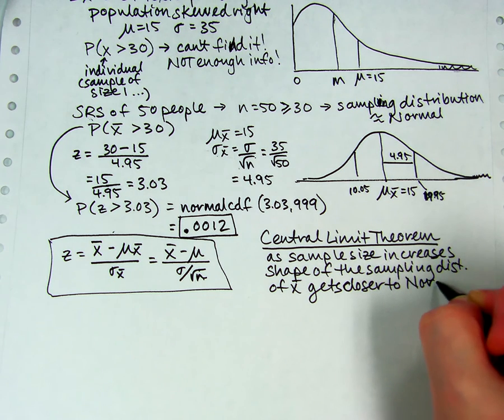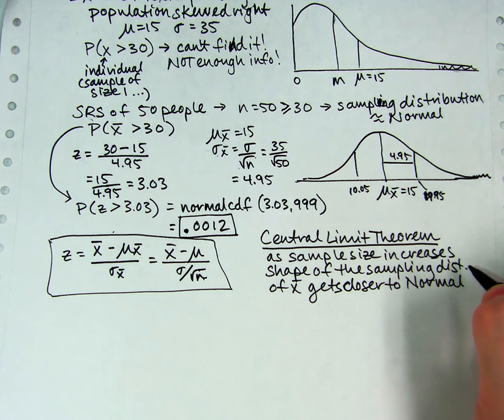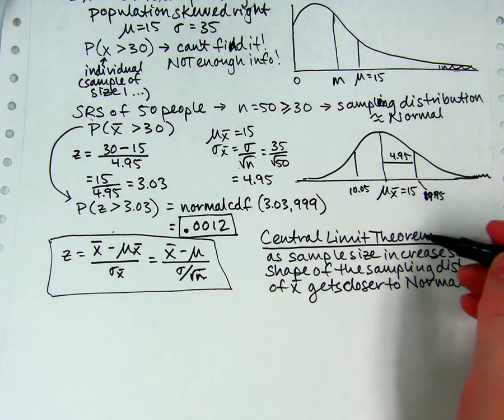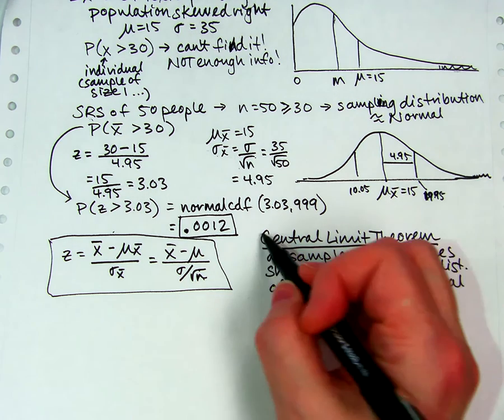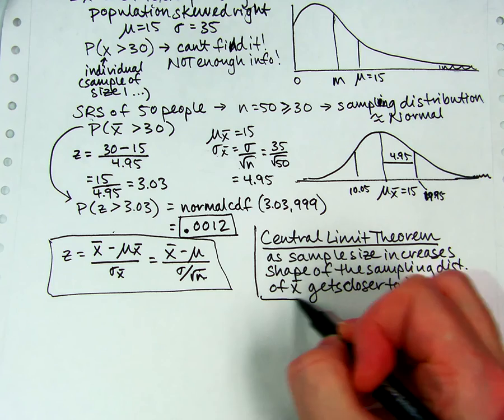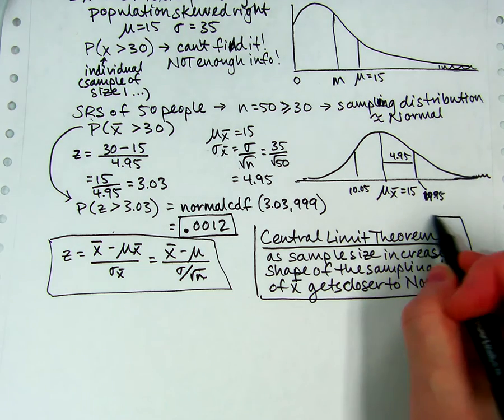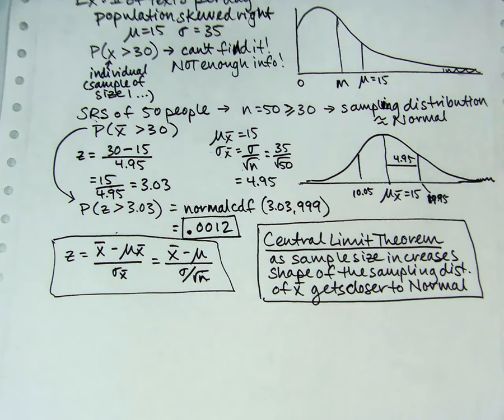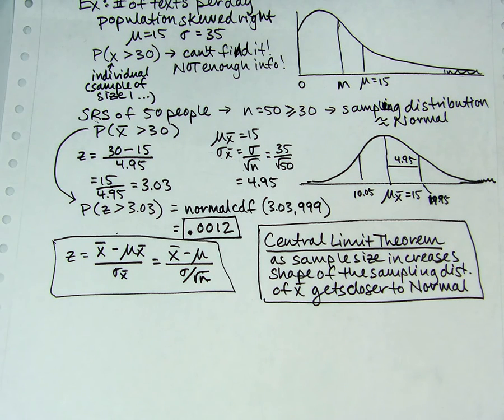And I think that it's actually true about p-hats also. I can't remember whether this theorem specifically talks about p-hats also, but the same thing happens with p-hat. The shape of the sampling distribution of p-hat also gets closer to normal as sample size increases. So that's the really important theorem about that. We're going to use that to convert things into normal and z-scores as much as possible.